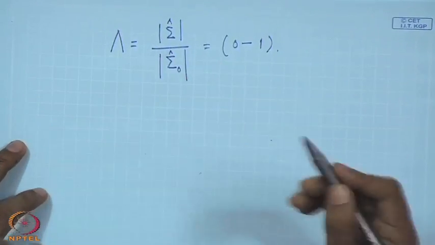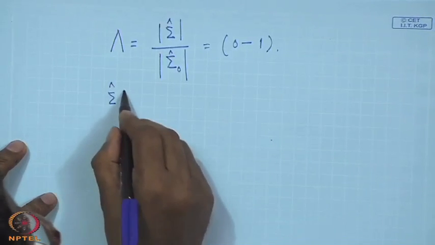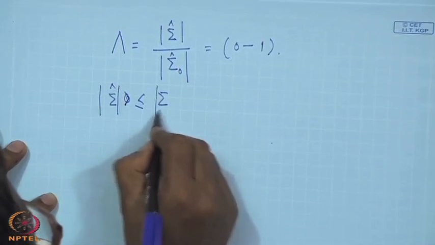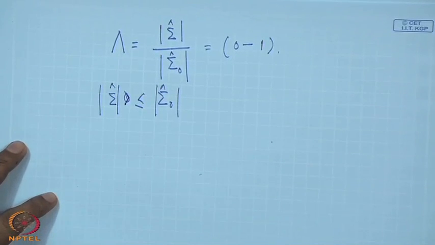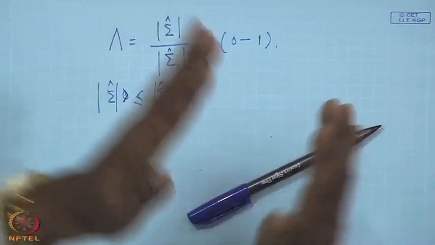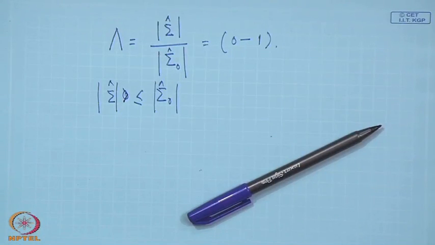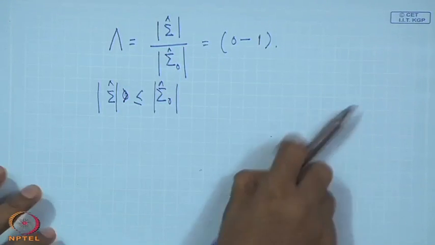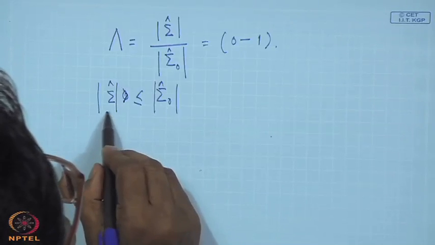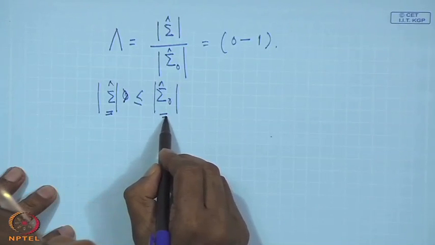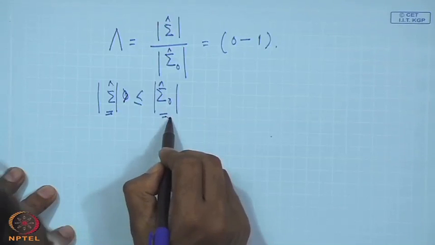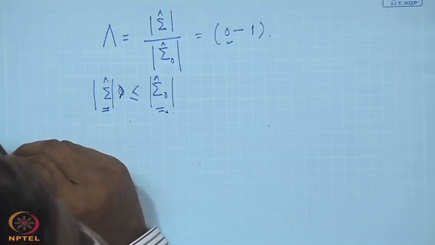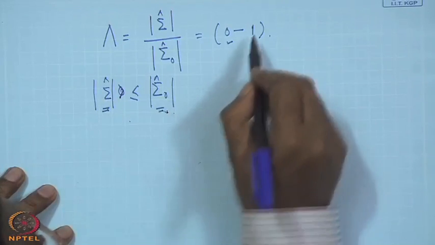Obviously when I am going for the full model, this one should be less than or equal to the other, because in the reduced model you have eliminated many variables, their contribution you are not considering, that will come to the error term only, SSCPE. So, obviously, if this value is sufficiently lower, much lower than this value, it will be close to 0. If both are equal, it will be close to 1.